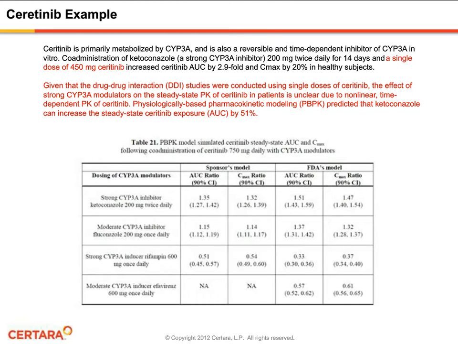Simulations were performed to assess what the true impact would be if the drug had been dosed to steady state and then ketoconazole given at the same time. And you can see that, as expected, there's a significant reduction in the interaction because you've got autoinhibition occurring during multiple dosing of Ceritinib, and then when you give the ketoconazole, it's less susceptible to interaction.